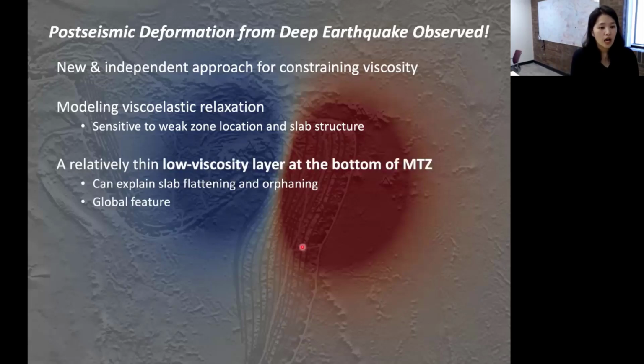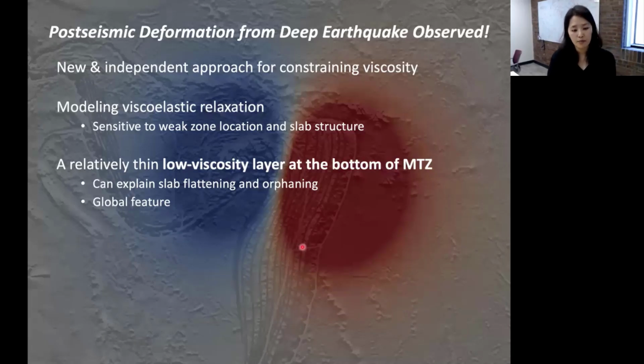Also, based on our comparison of observation and modeling, we know that a low viscosity layer at the bottom of the mantle transition zone is required to explain the observation. This also provides an explanation for stagnant slabs or orphaning of slabs, and therefore it might be more of a global feature than a regional feature.